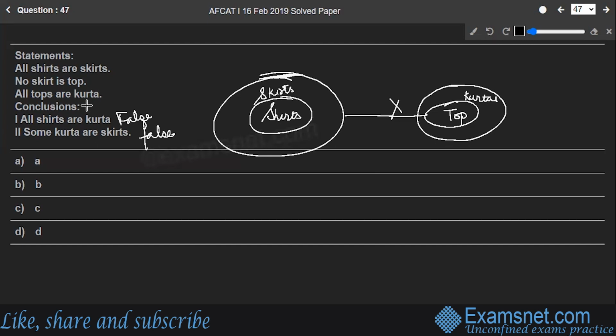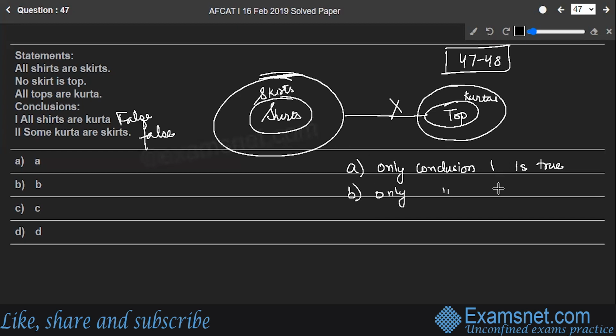And in all the following questions from question number 47 to 48, there are certain instructions. What are those? Option A says only conclusion 1 is true. Option B is only conclusion 2 is true.